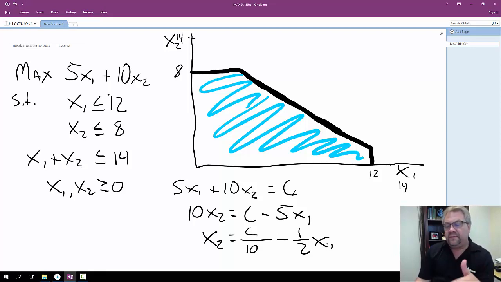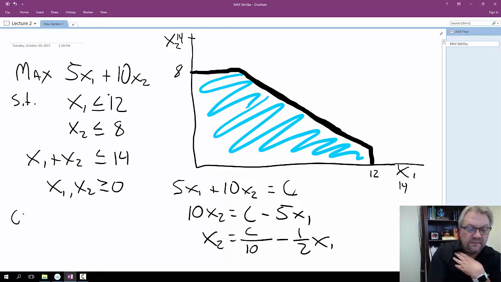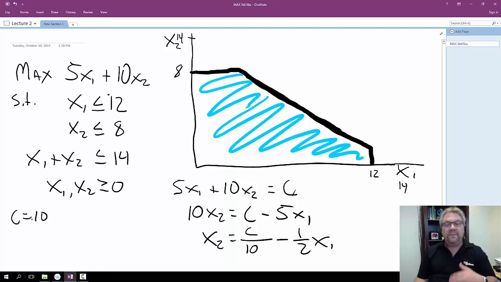This is the way I would like you to think about this. C is any number we want it to be. So let C equal 10. That means your profit, 5 times x1 plus 10 times x2, is equal to 10, a profit level of $10.